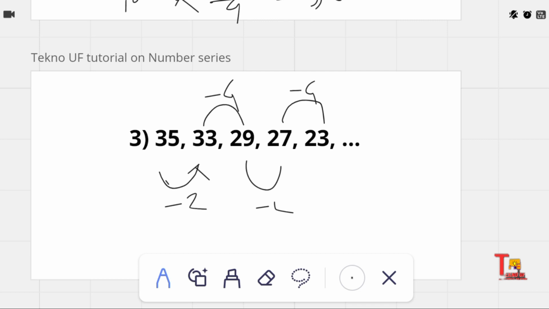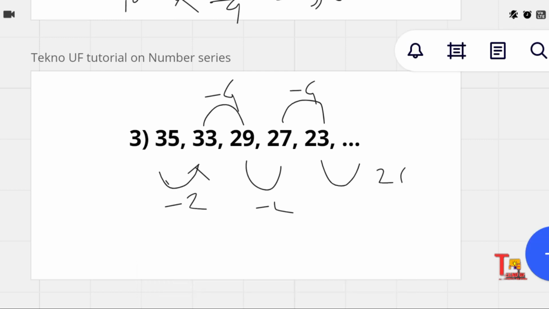Okay, so you have observed that frequently, -2, -4, -2, -4, this is repeating, so the next number will be decreased by 2, so the answer will be 21, right? So you got the logic. So let's move to the next question.